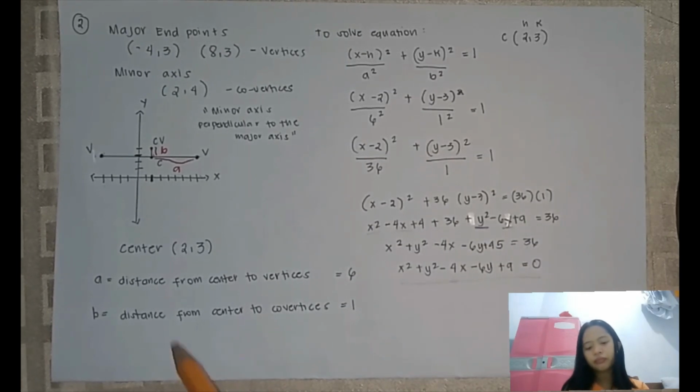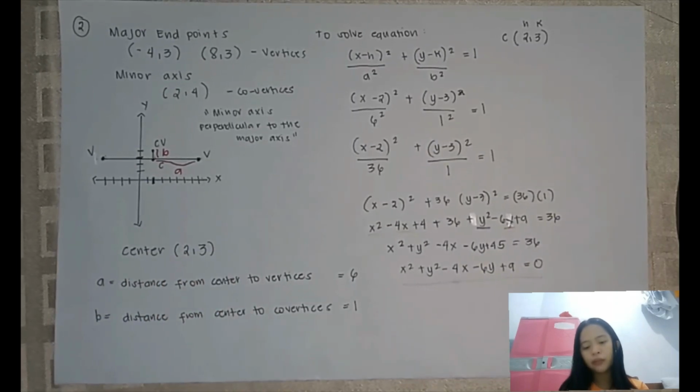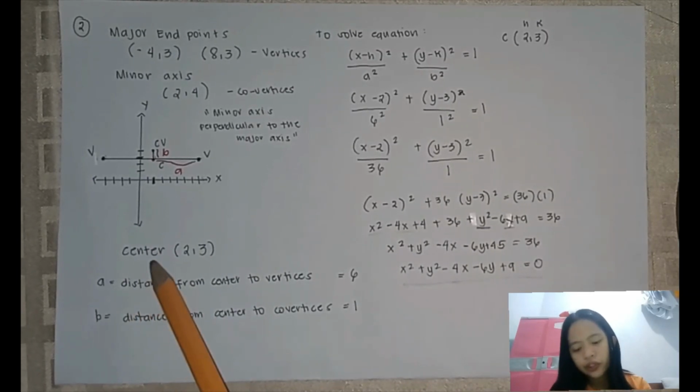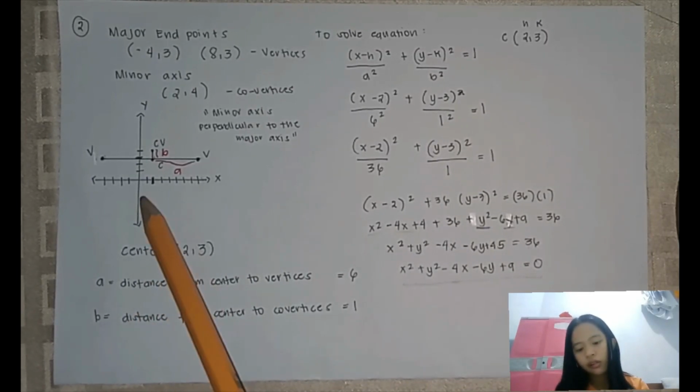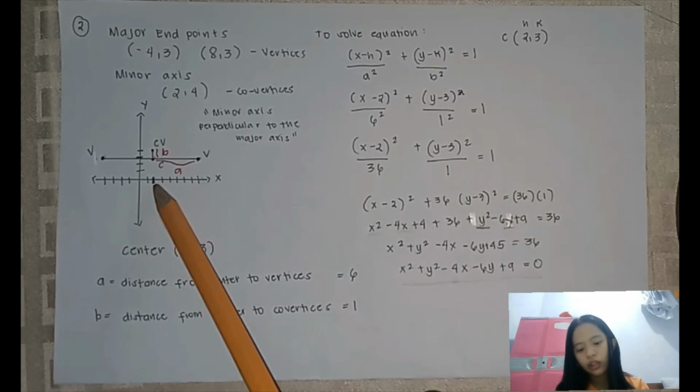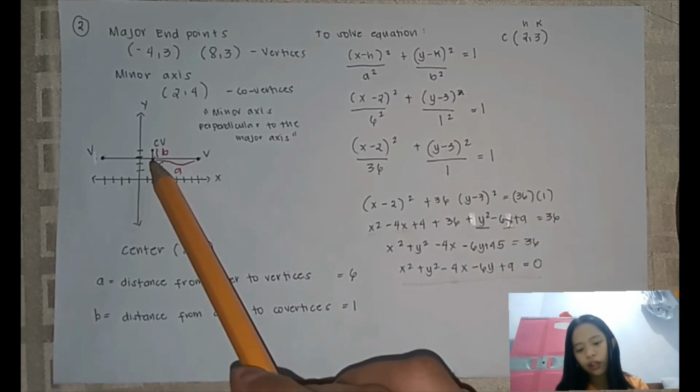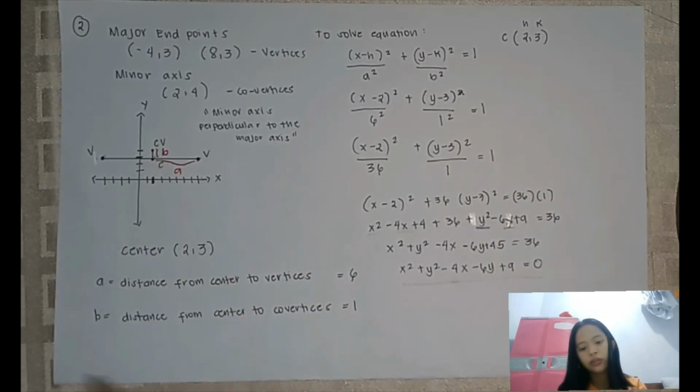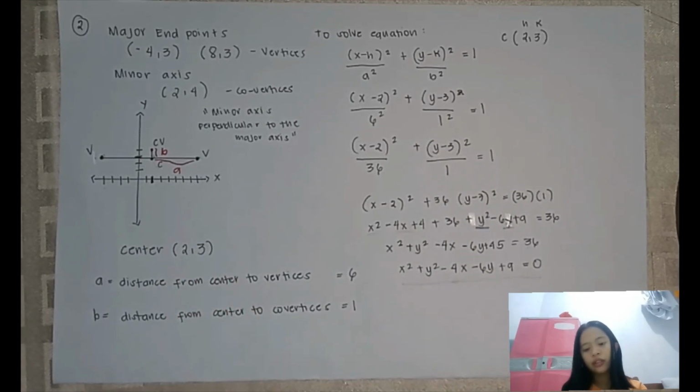Yan. So, para mahanap natin yung center, alam naman natin yung center is matatagpuan doon sa perpendicular nga ng vertices and co-vertices, which is eto, bibilang tayo ng 1, 2, and bilang pataas, 1, 2, 3. Yan. So, ang center natin is 2 and 3.